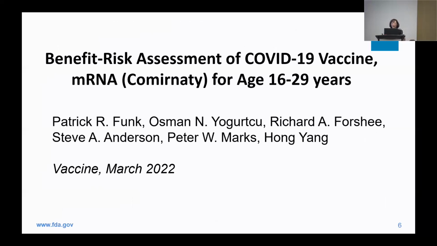So in May 2021, Pfizer and BioNTech submitted a biologics license application for the mRNA COVID-19 vaccine for the indication of use among ages 16 years and older.